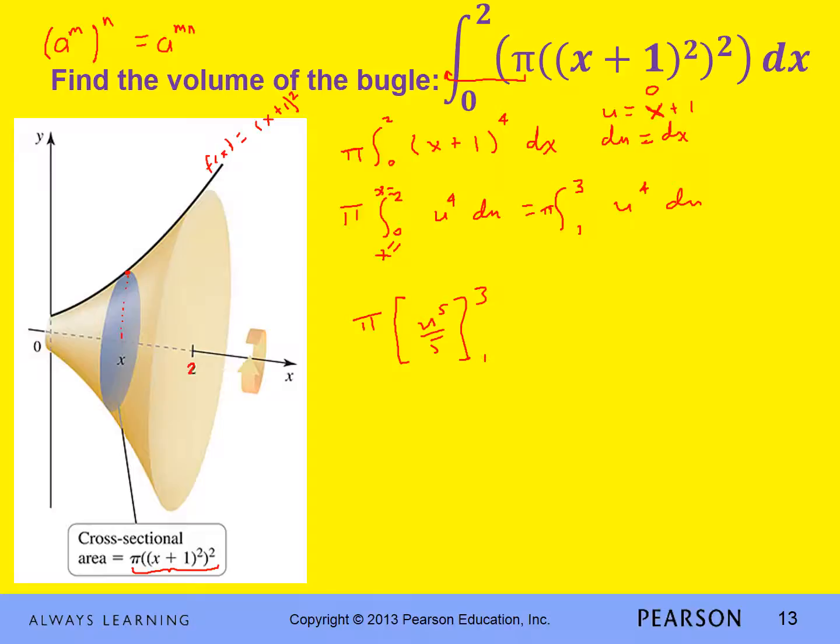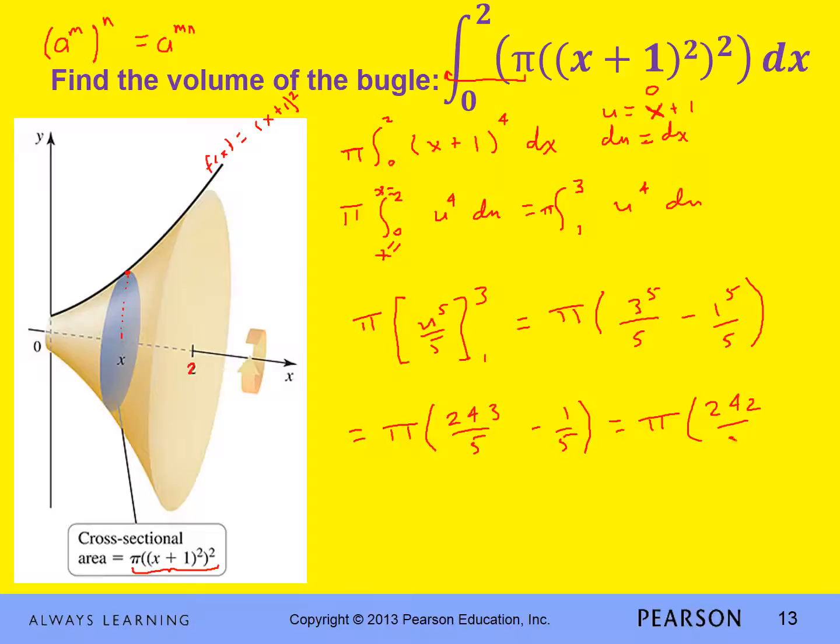Integrating from 1 to 3, pi will be multiplied by 3 to the fifth over 5 minus 1 to the fifth over 5, which is pi times 243 over 5 minus 1/5, which is pi times 242 over 5, or 48.4 pi. 48.4 pi cubic whatevers is the volume of the bugle.